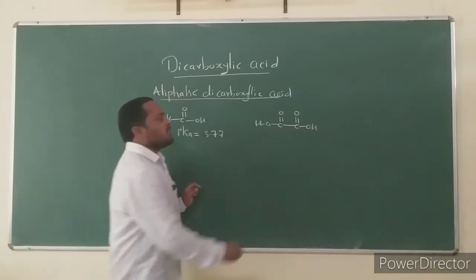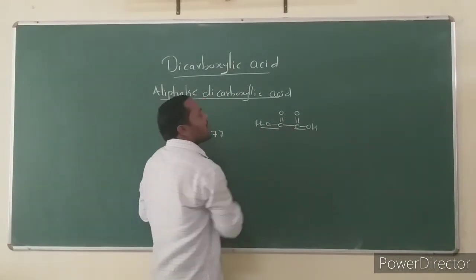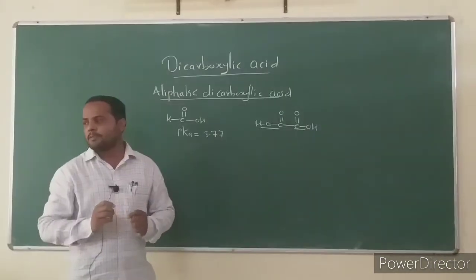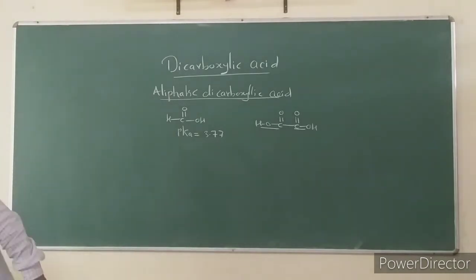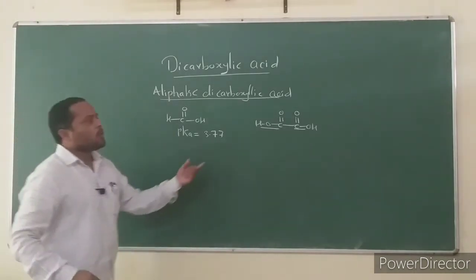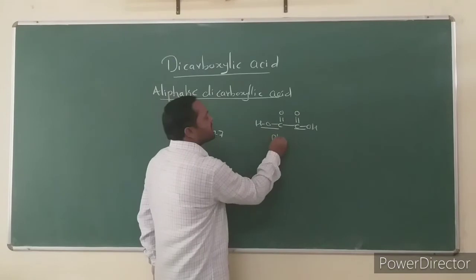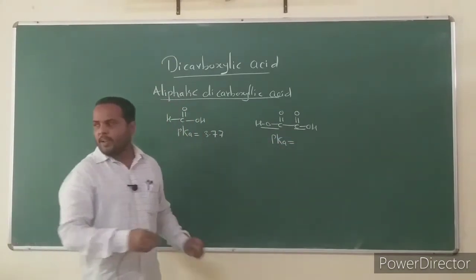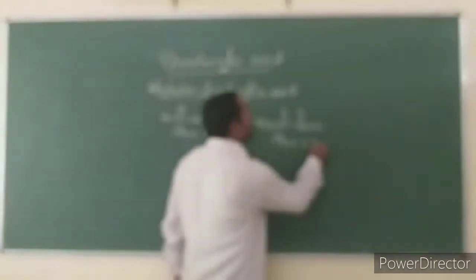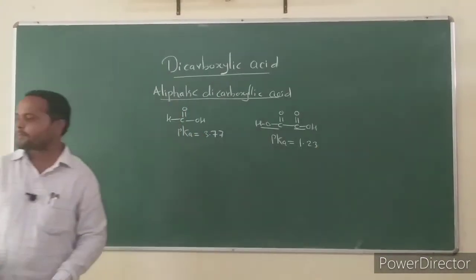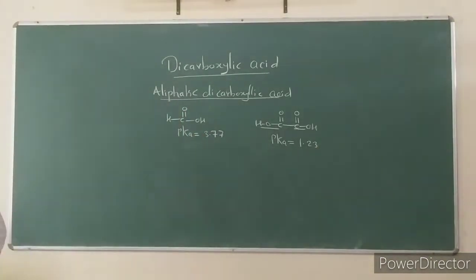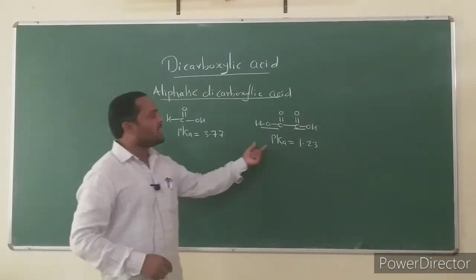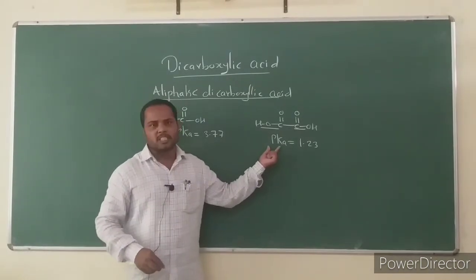The two carboxylic groups are separated by only a single bond. It is oxalic acid. The pK value for oxalic acid is 1.23.